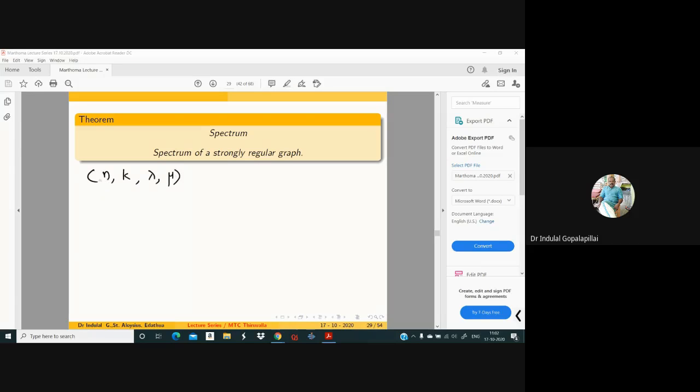In this order, n is the number of vertices, k is the regularity, lambda is the number of common neighbors of adjacent vertices, and mu is the number of common neighbors of non-adjacent vertices.